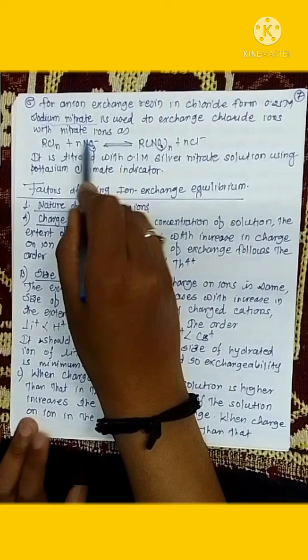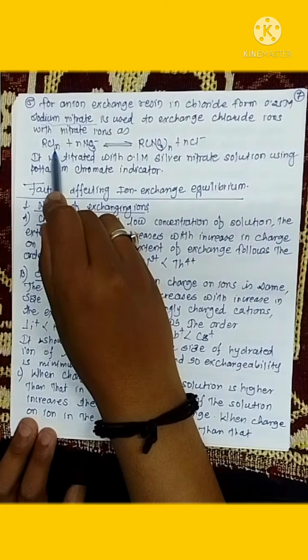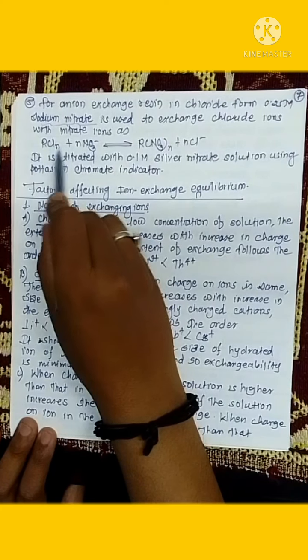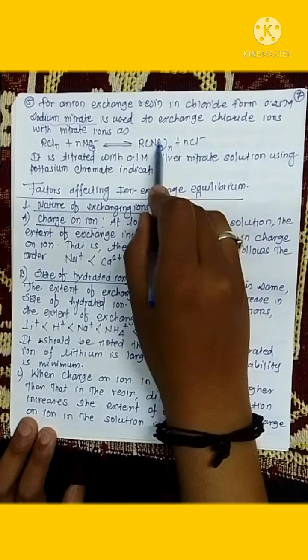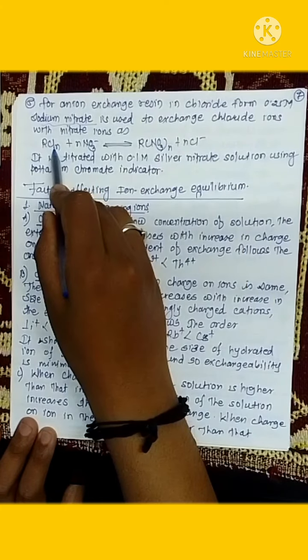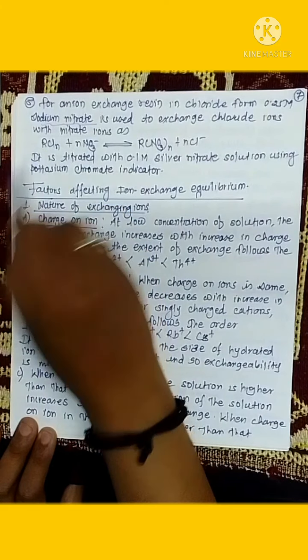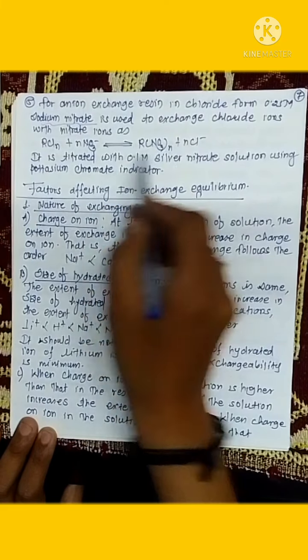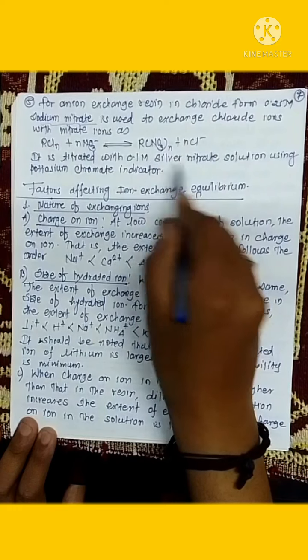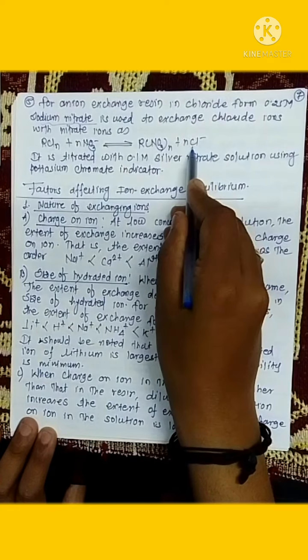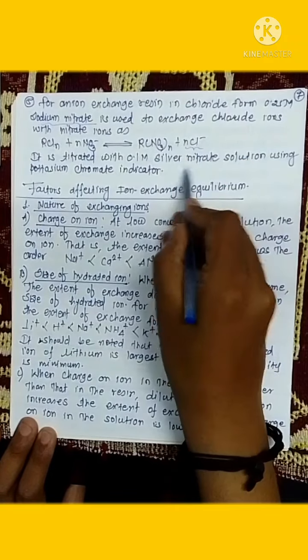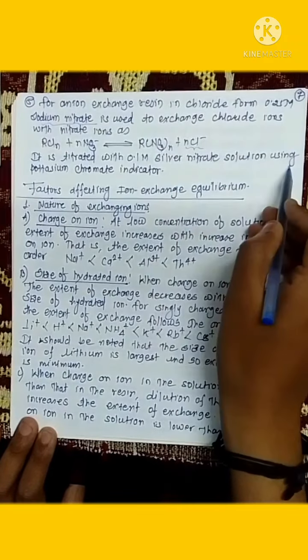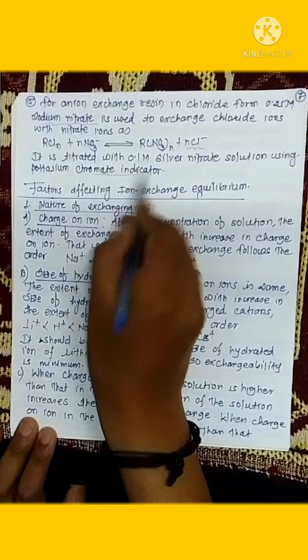When this nitrate solution comes in contact with the resin which has chloride on it, the chloride basically goes into the solution and nitrate replaces the chloride on the resin. It is titrated with 0.1 molar silver nitrate. So this chloride solution is then titrated with silver nitrate solution using potassium chromate as an indicator.